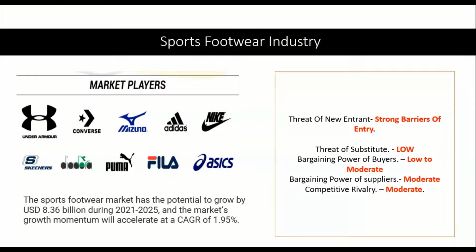At the same time, the threat of substitutes for the market players is also very low. Now, the bargaining power of buyers. After the evolution of e-commerce, the power of the buyer has moved from low to moderate.